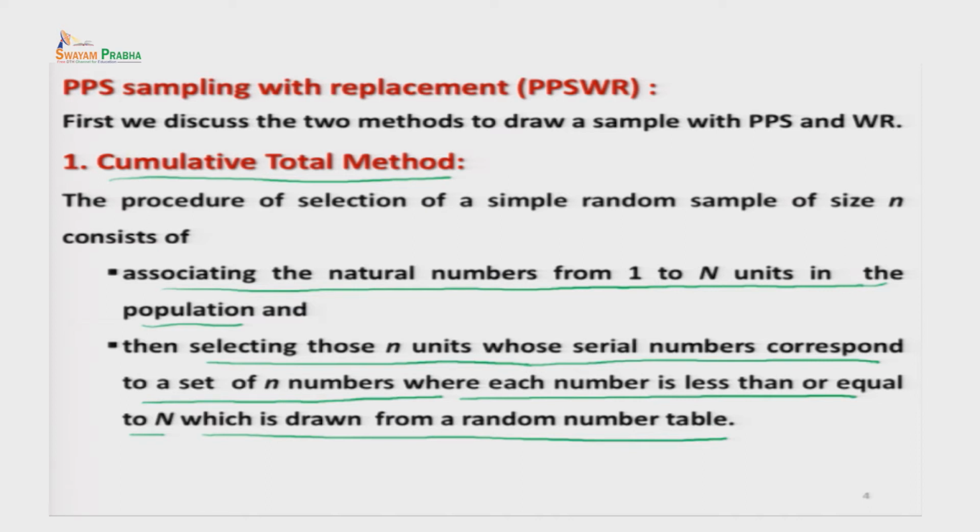In the first shot you may not be feeling comfortable, but try to read it, and once I show you how you are going to execute it, it will become very simple. Its methodology is very simple. We first associate the natural numbers 1 to N with all the units in the population, and then we choose small n numbers from the random number table, and corresponding to them we choose the corresponding units from the population according to a specified way. What is that way?